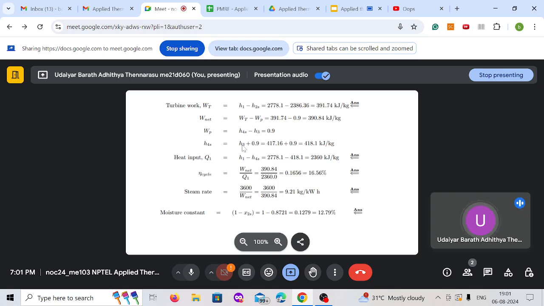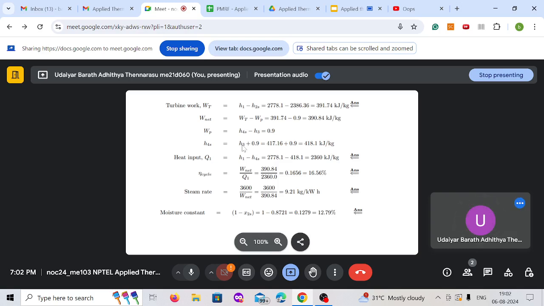So 3600 divided by W net, that is 3600 divided by 390.84, which is the specific work. This gives me 9.21 kg per kilowatt hour. That is the specific steam consumption.